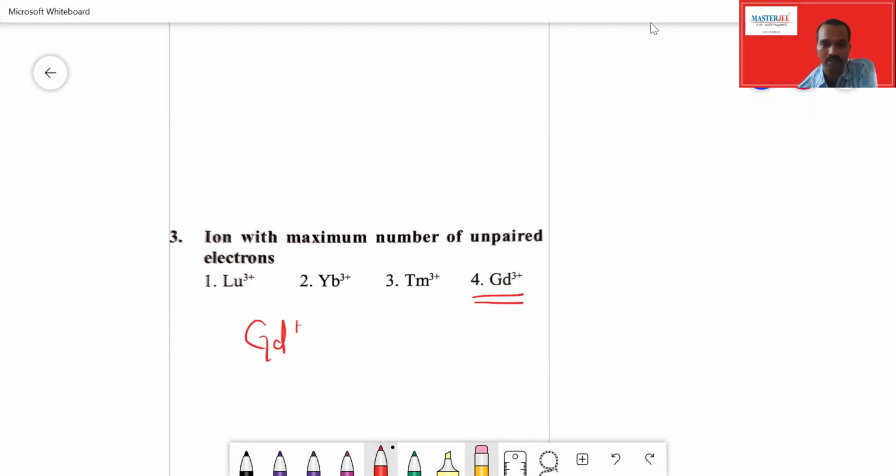It has atomic number 64 and electronic configuration xenon 4f7 5d0 6s0. So 7 unpaired electrons will be there, the maximum number of unpaired electrons.